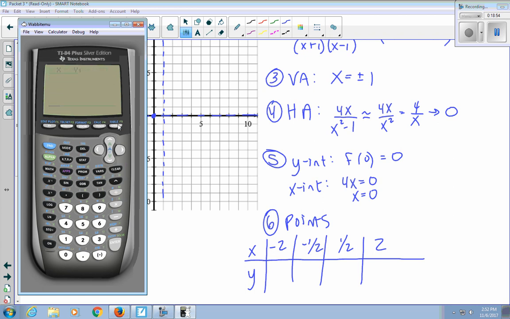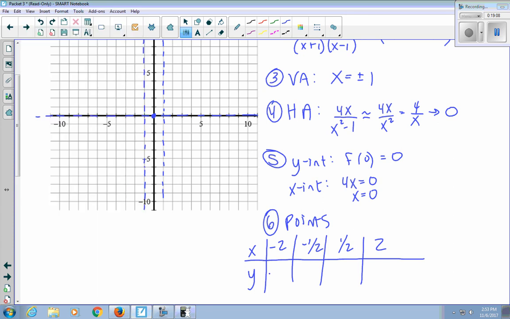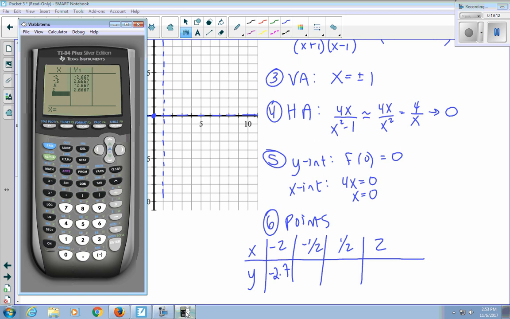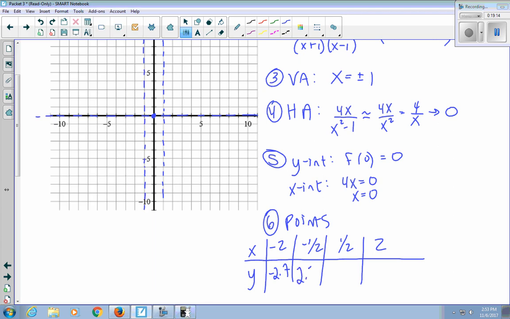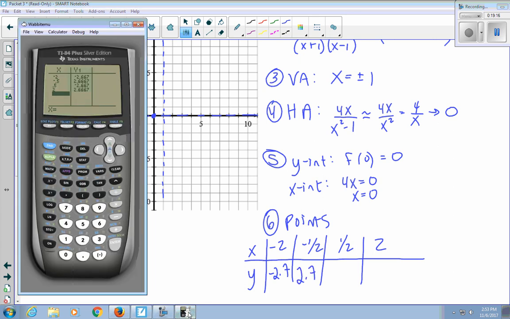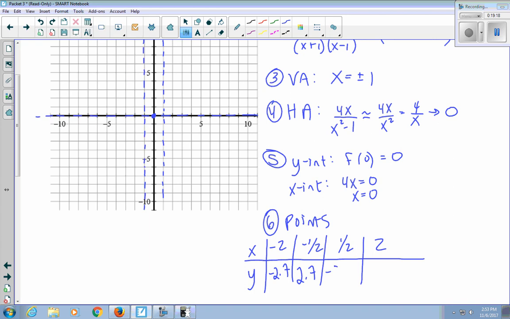Go to my table, and I'm going to type in the x values I want: negative 2, negative 0.5, 0.5, and 2. So we get negative 2 2/3, we'll just round to negative 2.7, 2.7, negative 2.7 and 2.7.